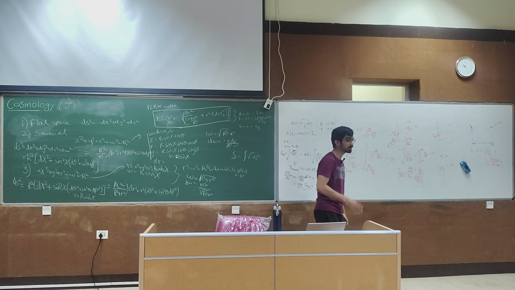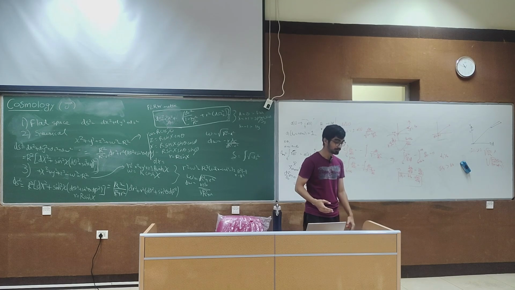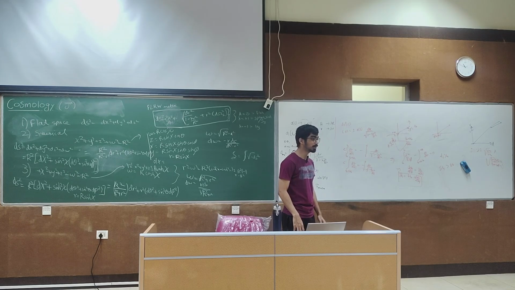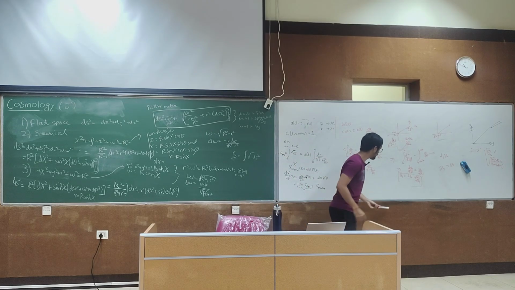There are certain special frames in which you can show that the physical speed of the photon is not constant. But anyway, that's a different story altogether. I'll come back to here.